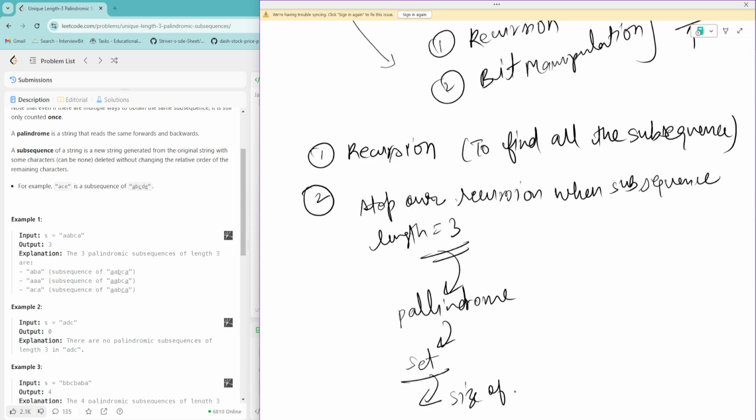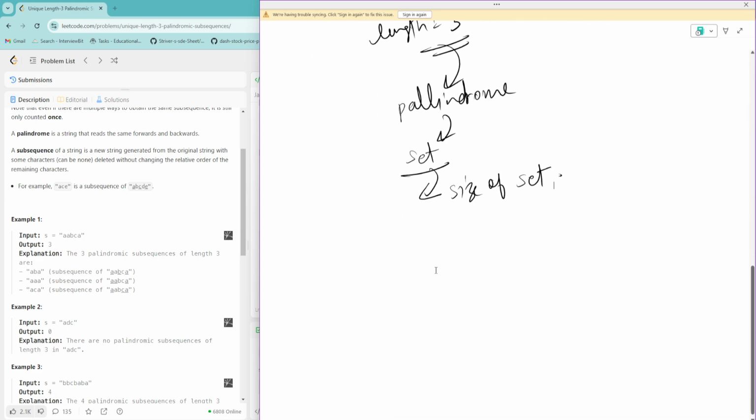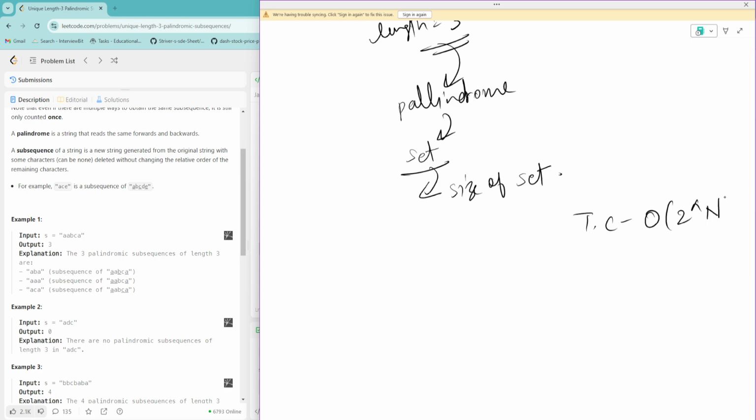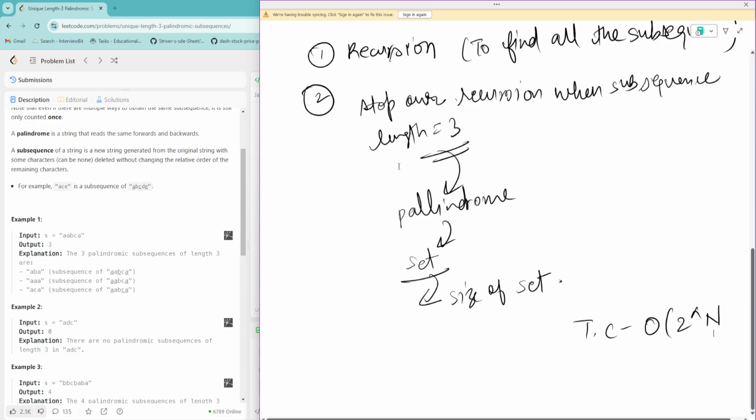and after that we are going to return the size of the set. So this particular approach requires a time complexity of order of 2 raised to power n, in the worst case, to find all the subsequences. Then, for a subsequence of length n, we need n to find the palindrome, and pushing into a set requires constant time.